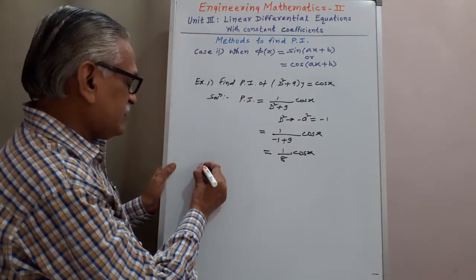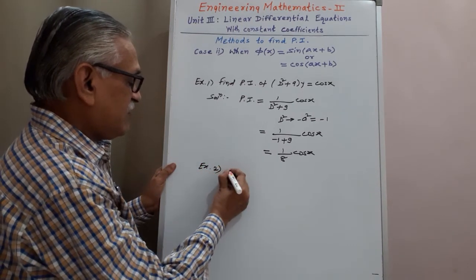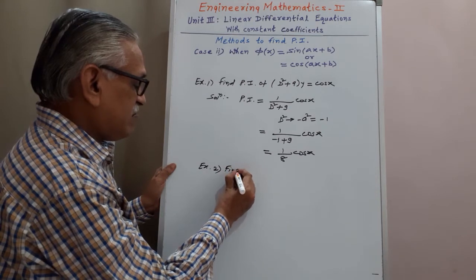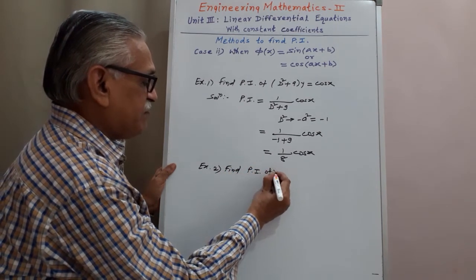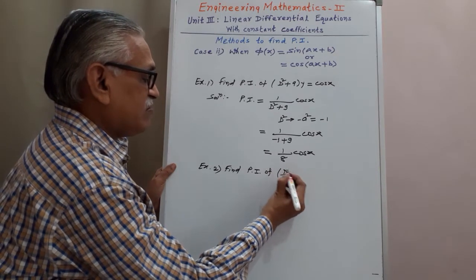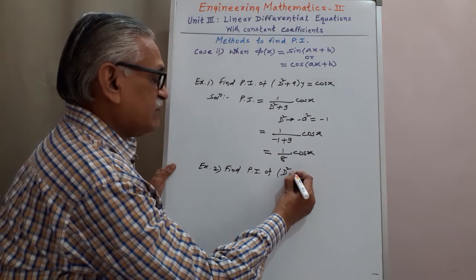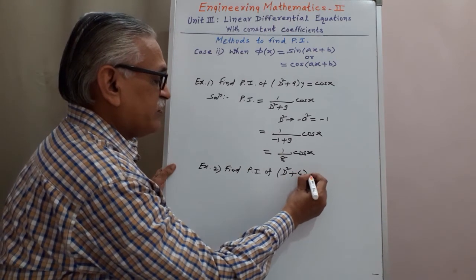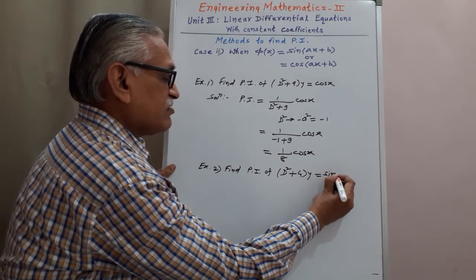Then second example, find PI of D square plus 4 into y is equal to sin 2x.